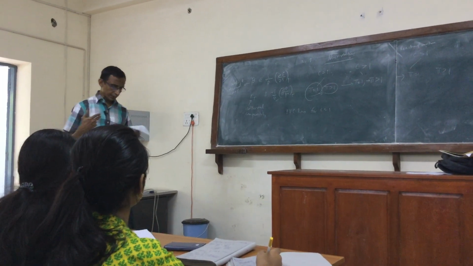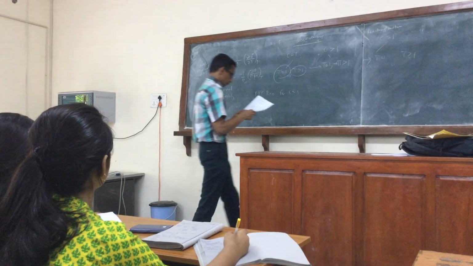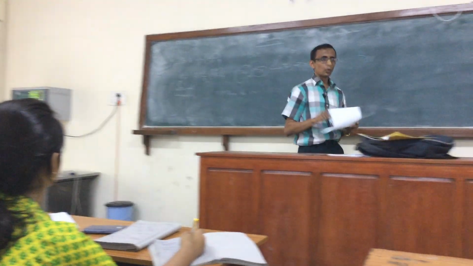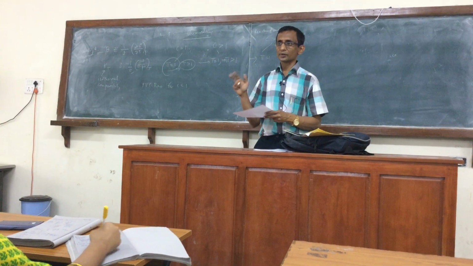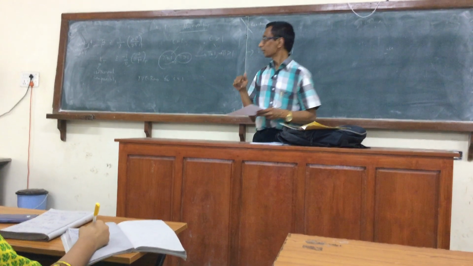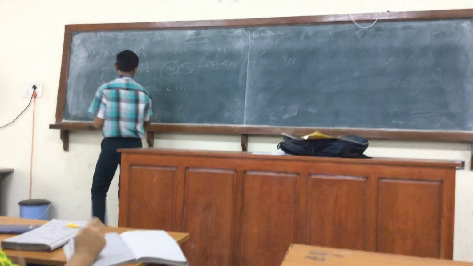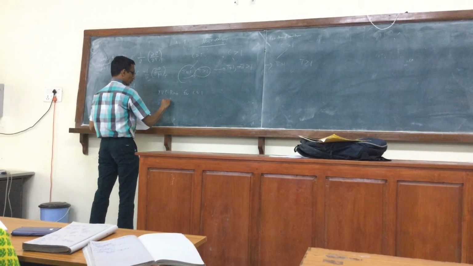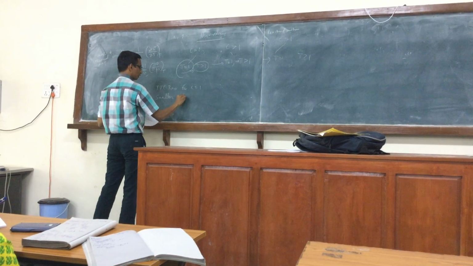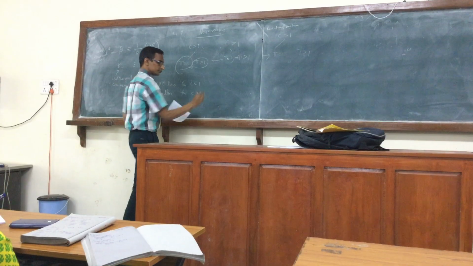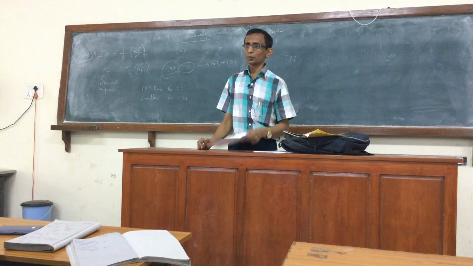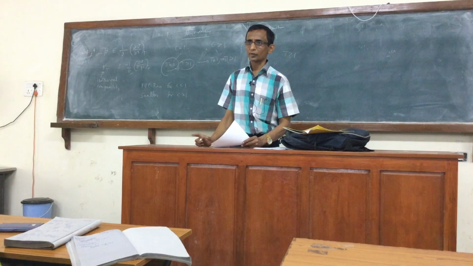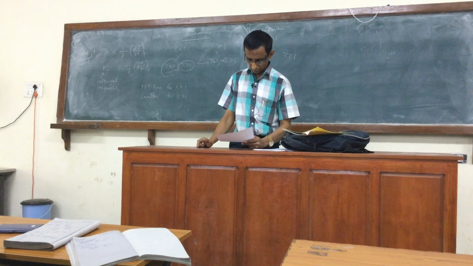For C greater than 1, I would say Sandler is a more reliable book. In terms of definitions and all, it's more precise. So if you want one textbook, I would probably prefer Sandler. If you want to buy a textbook, I would probably recommend Sandler. YVC Rao is also quite okay.